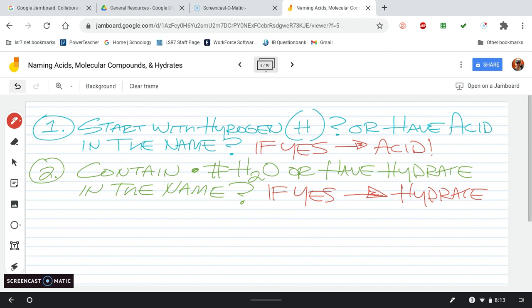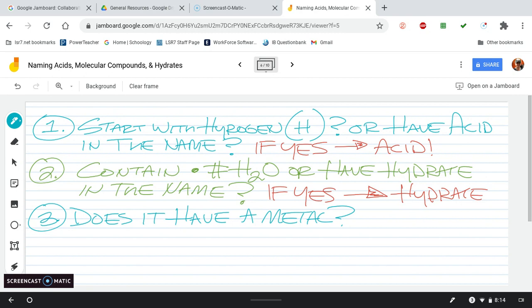Okay, number 3, different color. Let's go back to blue. So number 3 would be, does it have a metal? Do you have a metal in there somewhere? Okay.